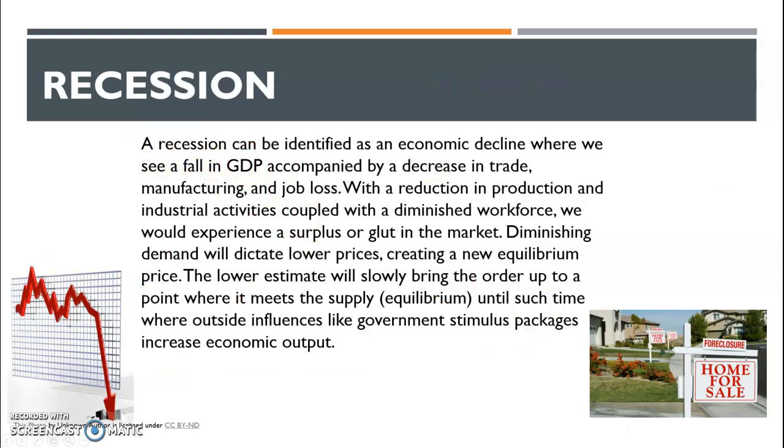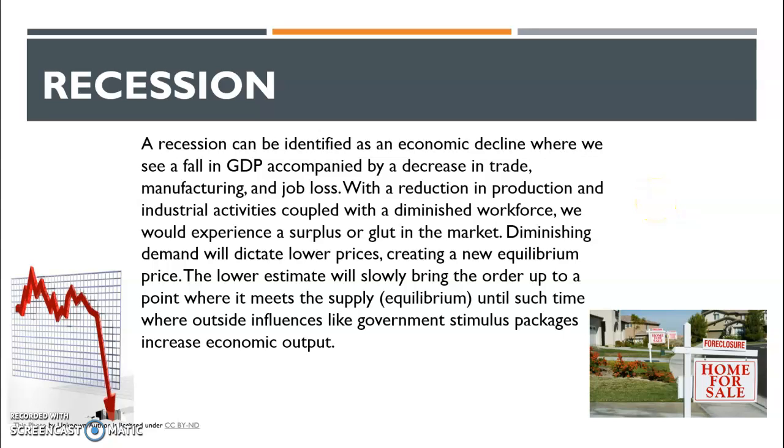Now, a recession can be identified as an economic decline where a decrease in the GDP is accompanied by a decrease in trade, manufacturing, and job loss. Something similar happened in 2008 when we saw the collapse of the housing market, if we all do remember that. With a reduction of production and industrial activities coupled with a diminishing workforce, we would experience a surplus or a glut in the market.